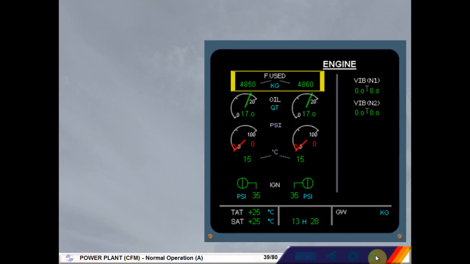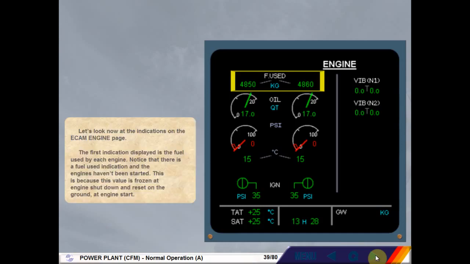The first indication displayed is the fuel used by each engine. Notice that there is a fuel used indication and the engines haven't been started. This is because this value is frozen at engine shutdown and reset on the ground at engine start.